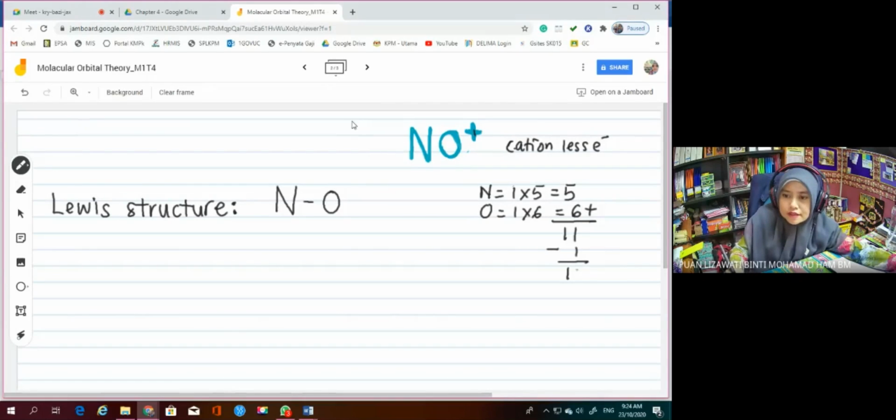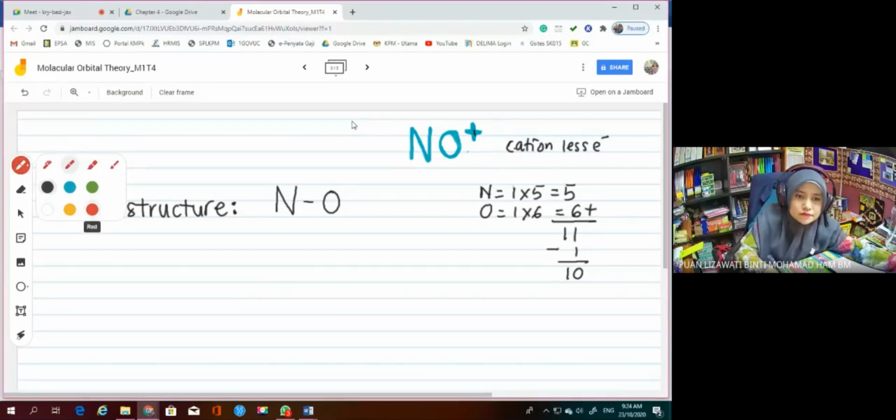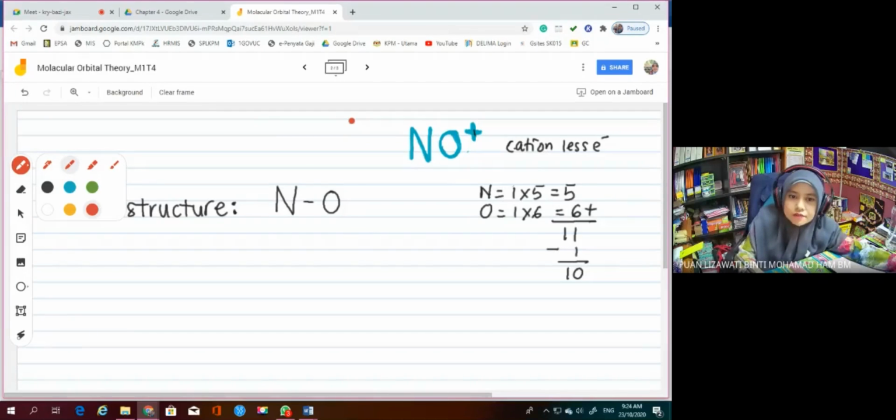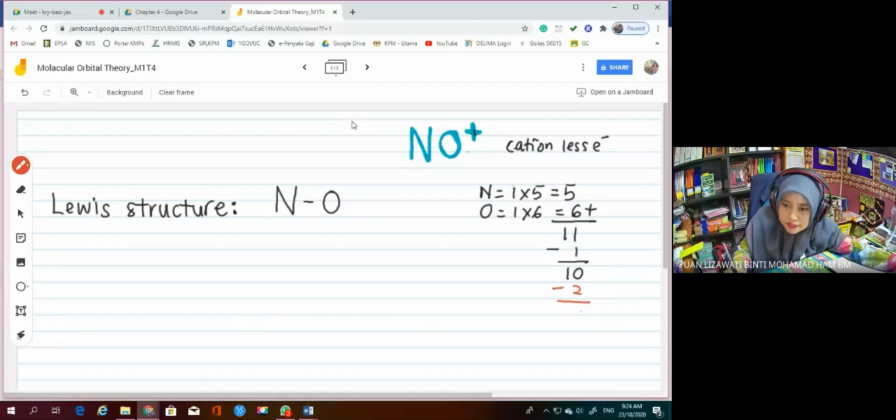So become 10. Okay. Right, next, what should we do? So we have to add lone pair. Okay, before lone pair, kena minus dulu. Minus 2, so we have 8. So now you complete the terminal. Okay, so minus 6. We have balance another 2.